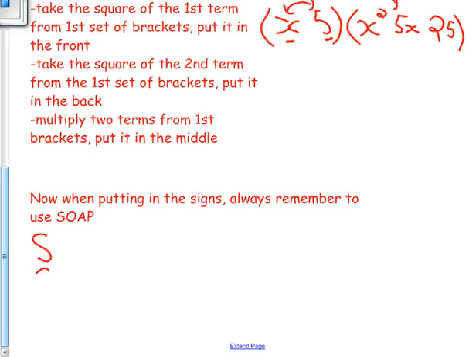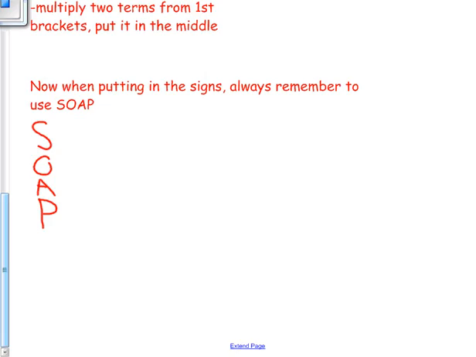SOAP stands for same, opposite, always positive.